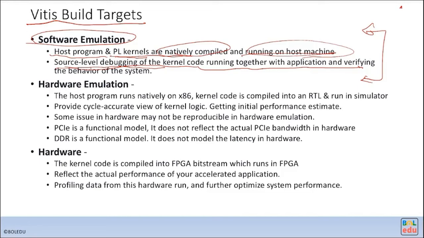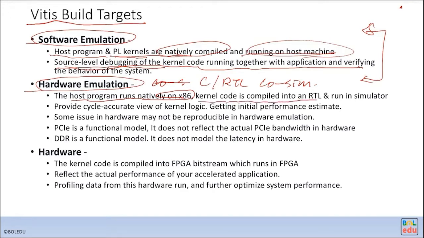And then we start doing the hardware emulation. That's the co-simulation, like in Vitis HLS. In this case, the host program is natively compiled into an x86 executable, and the kernel code is compiled into RTL and run in the simulator.